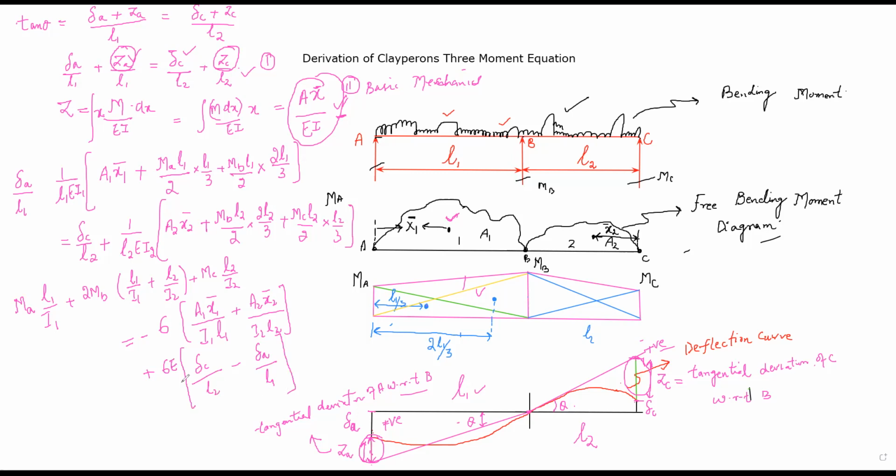Sometimes we will usually have the beam in which the second moment on the left-hand side will be equal to the second moment on the right-hand side, that is equal to I. And we do have sometimes the conditions where delta A is equal to delta C is equal to 0.